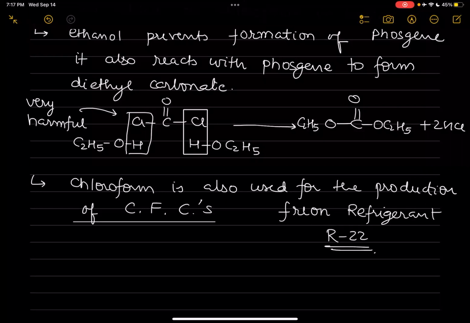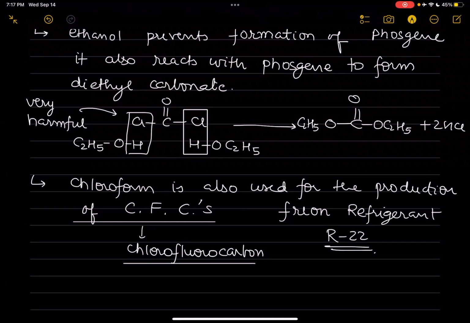So what are chlorofluorocarbons? CFCs are chlorofluorocarbons. Tell me, Anushka, Rayan, quickly tell me what are chlorofluorocarbons and where they are used.